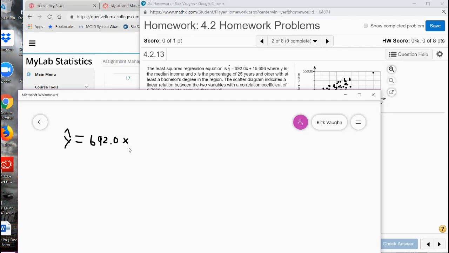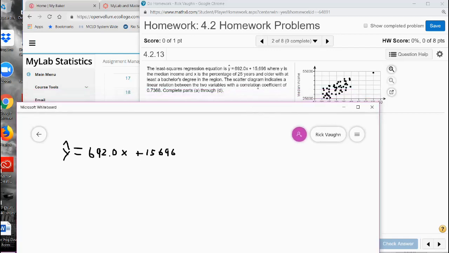In StatCrunch, that part comes out second, not first. Then plus the intercept, which comes out first in StatCrunch, is written second in a more traditional model, 15,696. So that's our regression line, and this is the one we can use to make predictions.